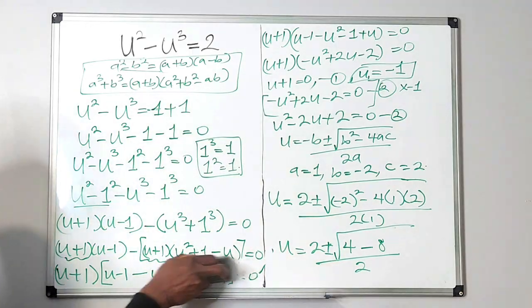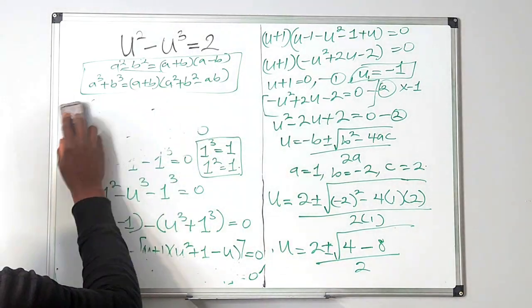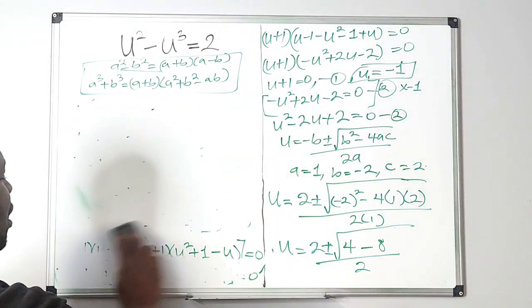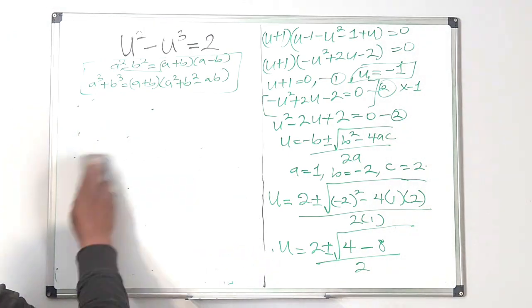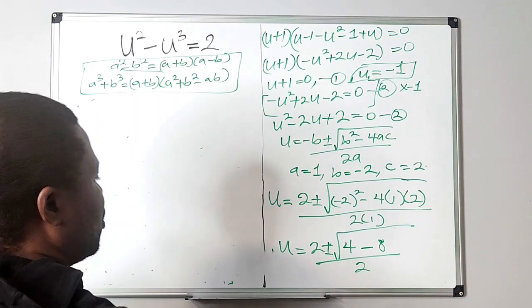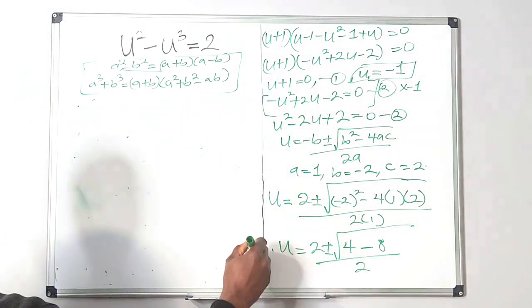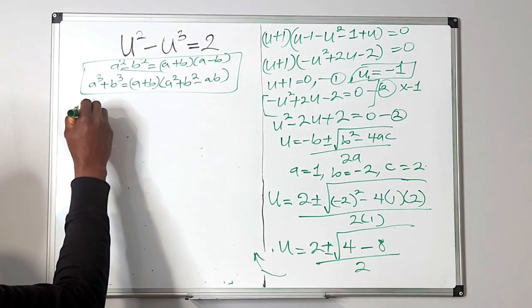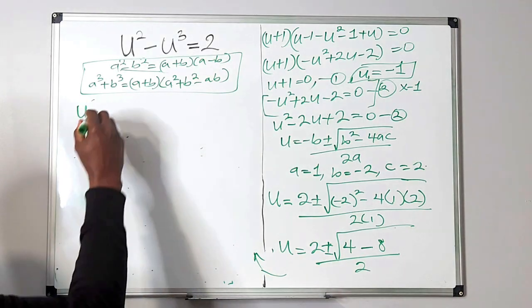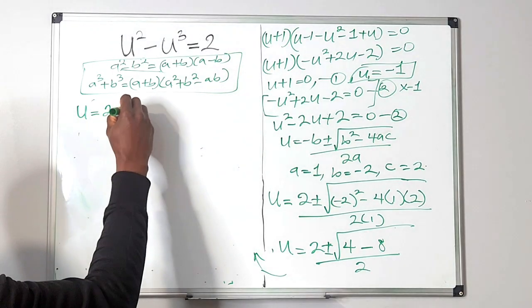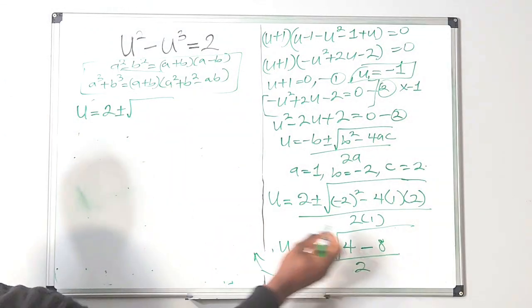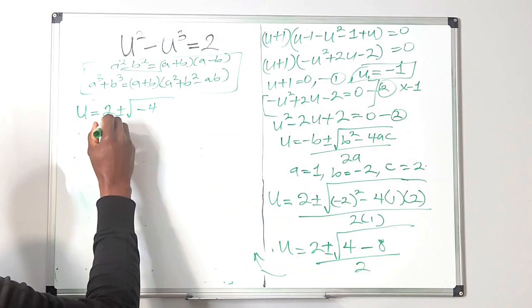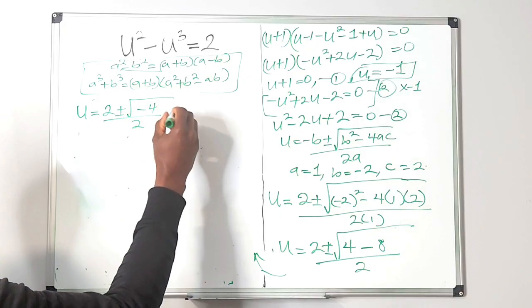Okay, so we're going to come back to this side and finish off this question. So now our u is equal to 2 plus or minus root of 4 minus 8, which gives us minus 4, divided by 2.